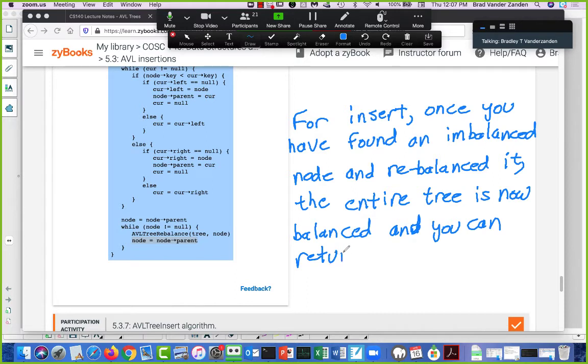I'll prove that next class at the beginning. It's too much time to do it here. But strictly speaking, if it came back in balance, you could actually return at this point. You'd need some indication. Probably AVLTree rebalance would need to return true if it had rebalanced and false if it hadn't. But at any rate, the book continues on its merry way to the parent, even though all future tests of the balance factor will find that it's either 1, 0, or -1.